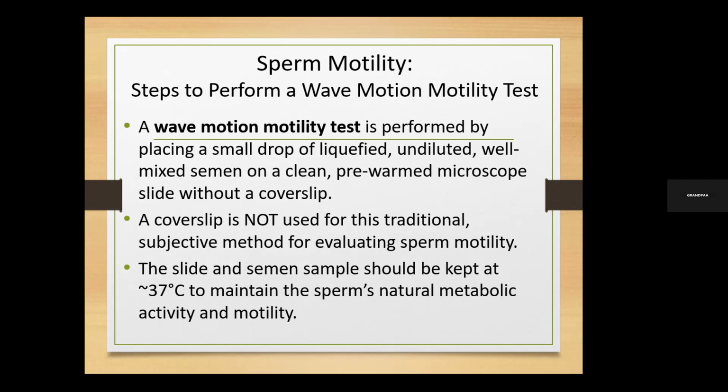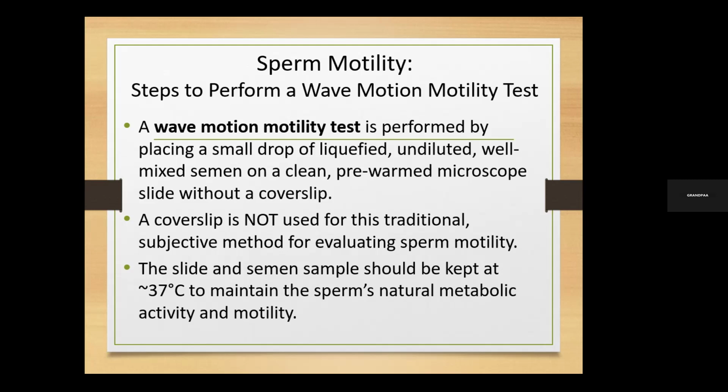And the slide, you say, should be pre-warmed. Why? Because you've said over and over again that one of the key things that affect sperm motility is variation in temperature. If the sample is warm and the slide is cold, not cold as in coming from the fridge, but at least cold in relation to the specimen, then straight away, as soon as we put the specimen on, the motility will drop. You may not see it, but motility will drop. So once the slide you are going to use is also pre-warmed, placed on 37, it is around the same temperature as the sample.